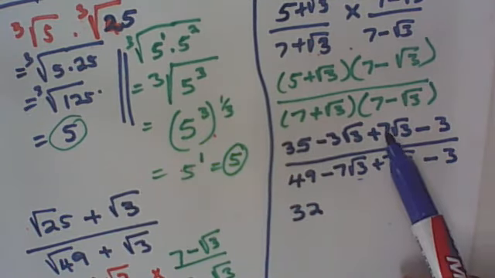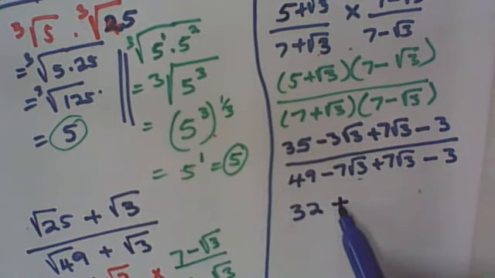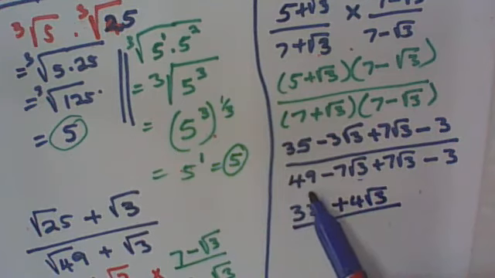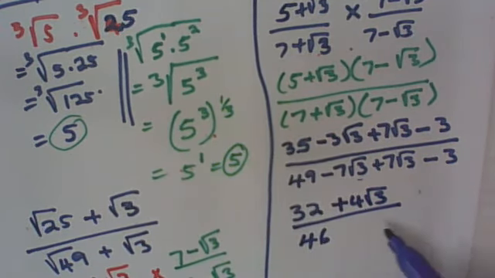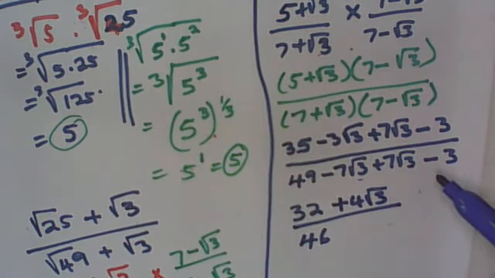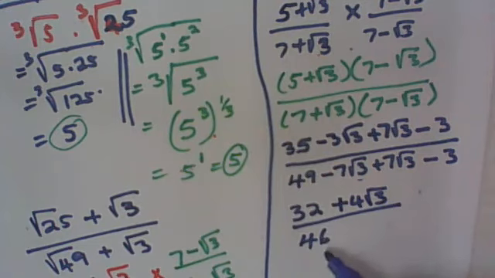So, 7 minus 3 gives us 4 root 3. Then all over, 49 minus 3 gives us 46. Then this gives us 0. Therefore, the final answer is 32 plus that.